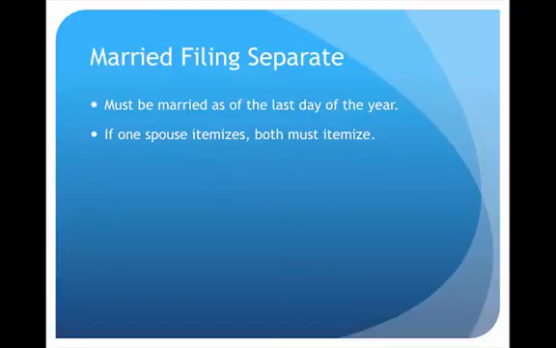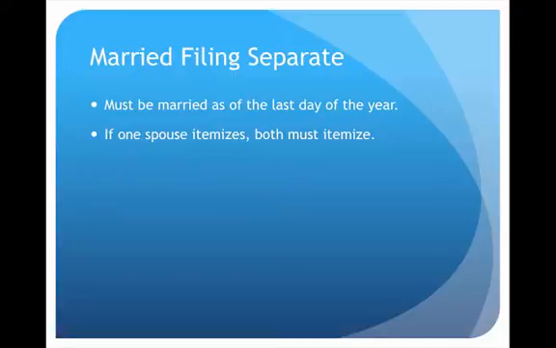Then you have a status called married filing separate. In order to qualify for this status, the person must be married as of the last day of the year. And that's interesting because the person could have been single for part of the year, but as long as they were married at any point during the year, then they qualify for this status, even if they didn't get married until literally the last day of the year.